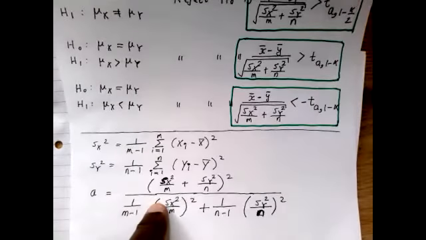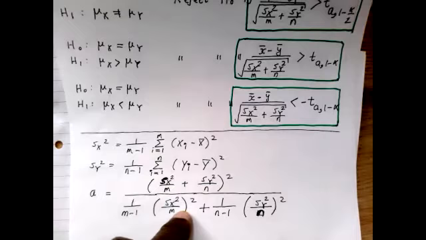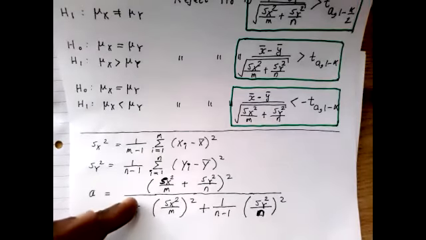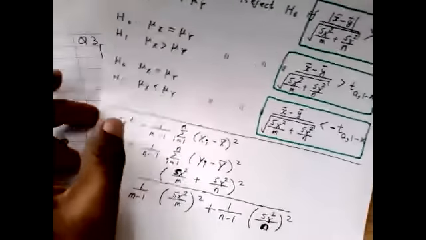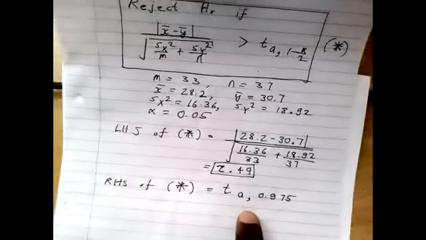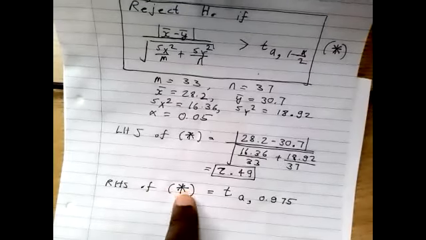As you can see, it's really complicated. It can be computed, but it will take you a while, especially in an exam. So it's best to avoid using this formula for computing the right-hand side.